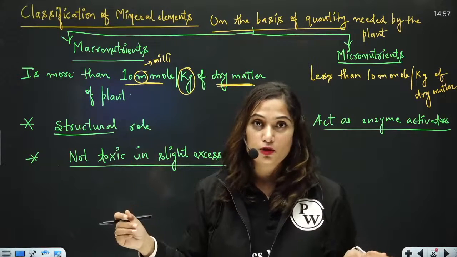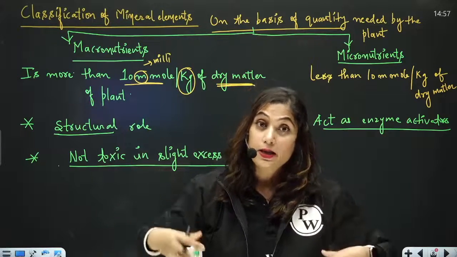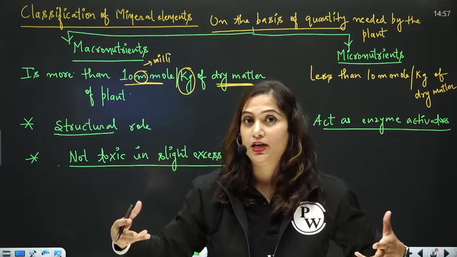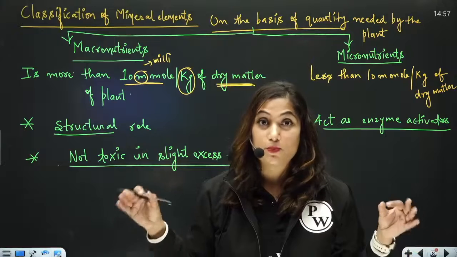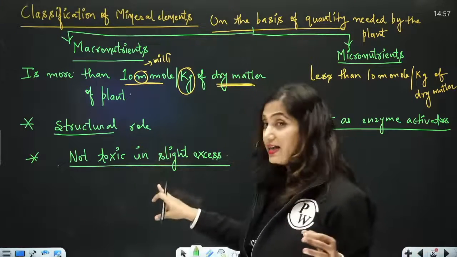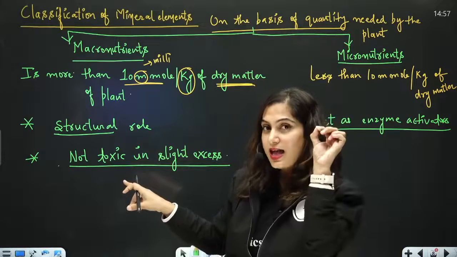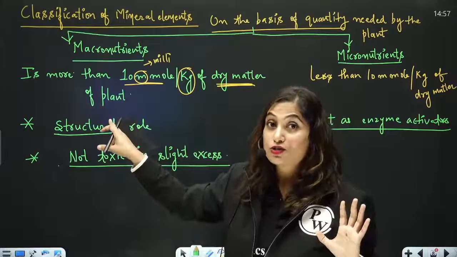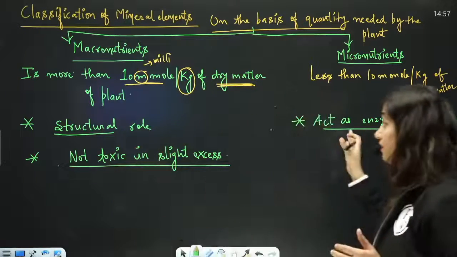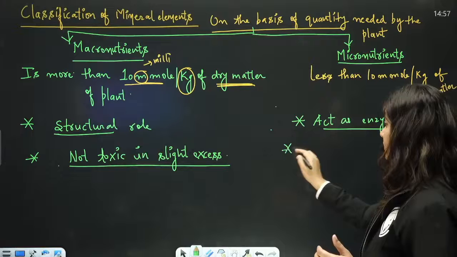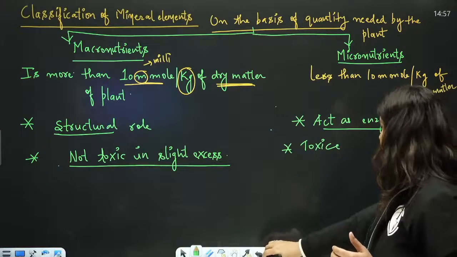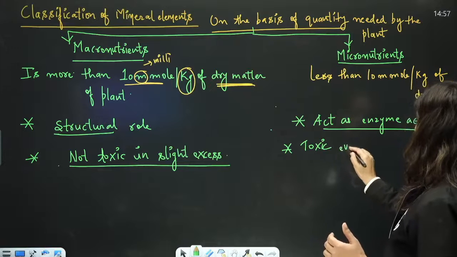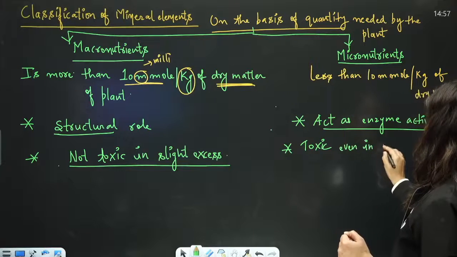So every mineral nutrient, if it is provided in much more quantity than it is required by the plant, will be toxic. But yes, in slight excess, macronutrients are not toxic, whereas micronutrients are toxic even in slight excess.